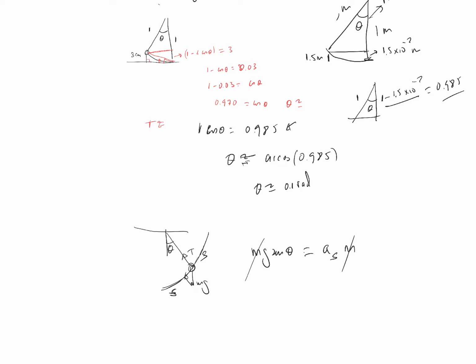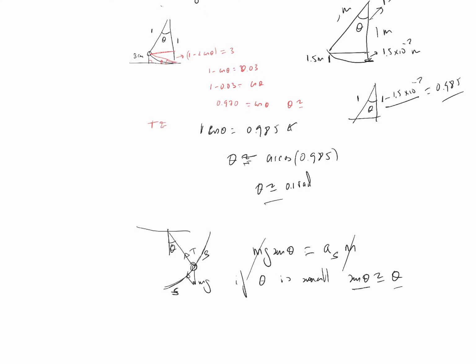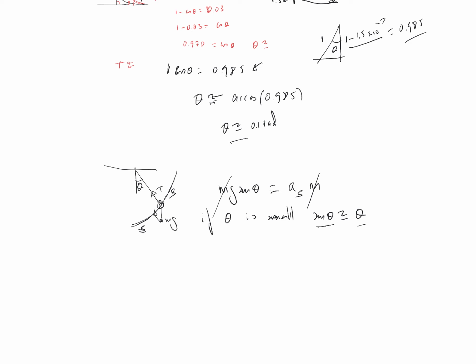And in the case that I have a very small theta, like this one, if theta is small, sine of theta is the same as theta. Sine of 0.1 radians is 0.1 radians. So the equation will say g times theta equals a_s.